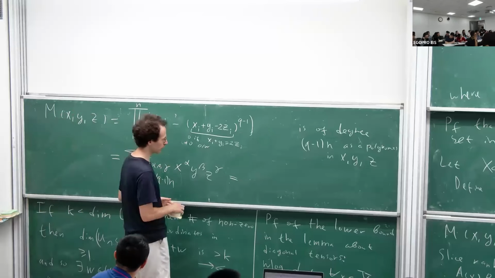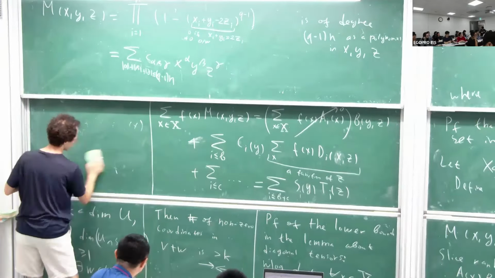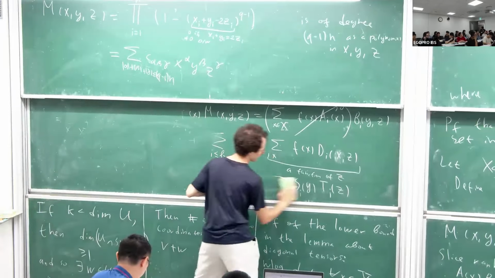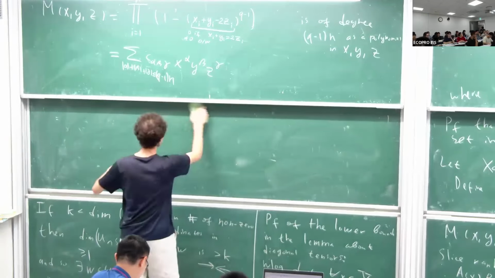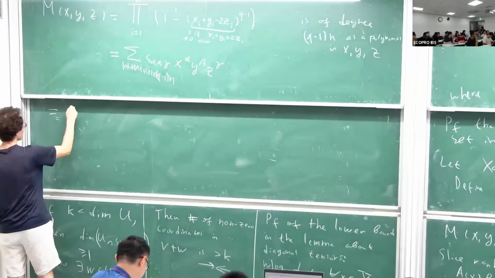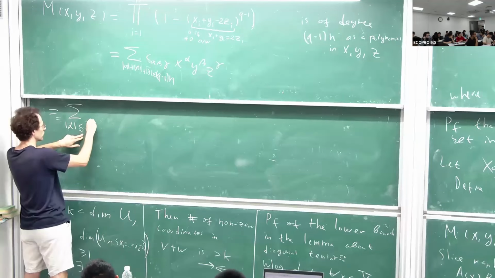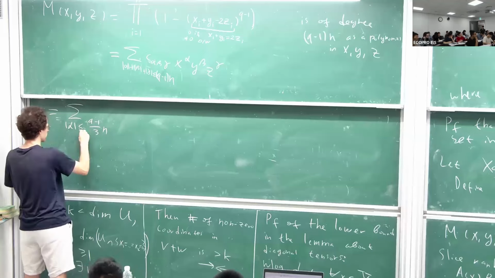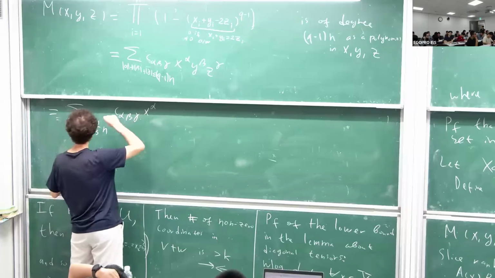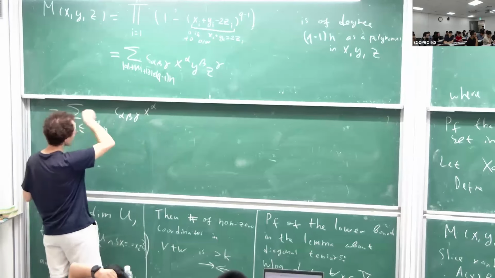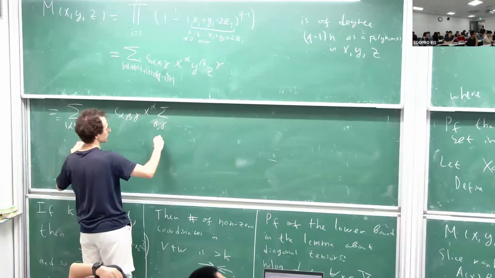I'll write this as the first sum, where alpha is at most a third of q minus 1, of c_{alpha beta gamma} x^alpha, and what I will do is lump the beta terms and gamma terms down here.